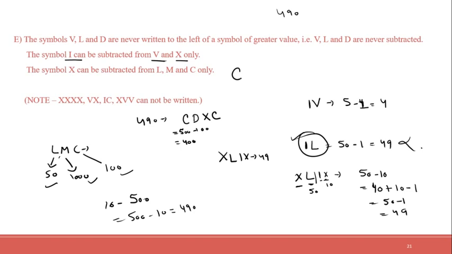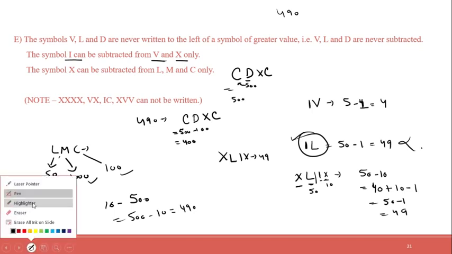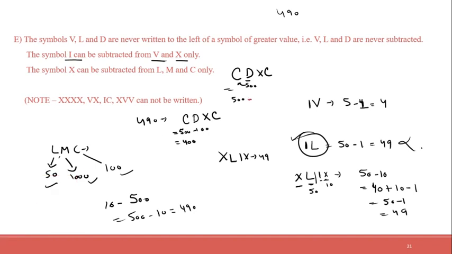So C D X C. How? First check 500 minus C, 100, because of this C we got 400. Now this is 100 and this is 10, so we'll write 100 minus 10 because 10 is on the left of 100. So the outcome will be 490. Got it?